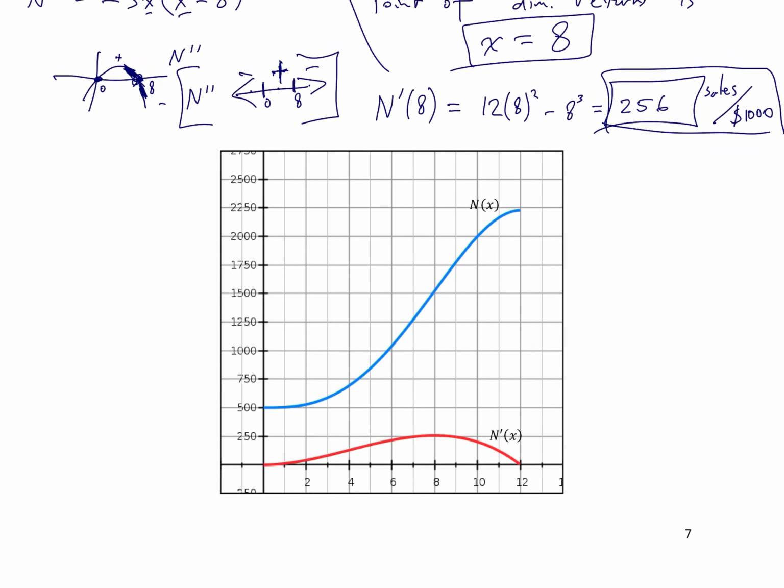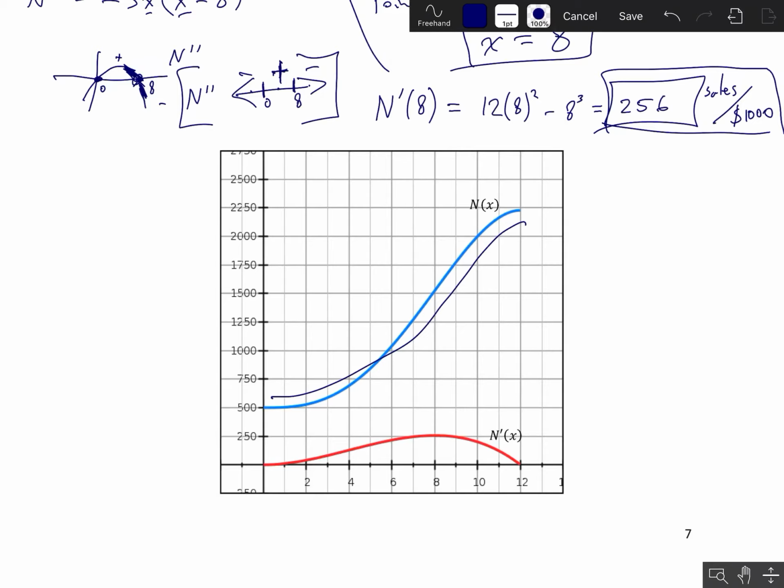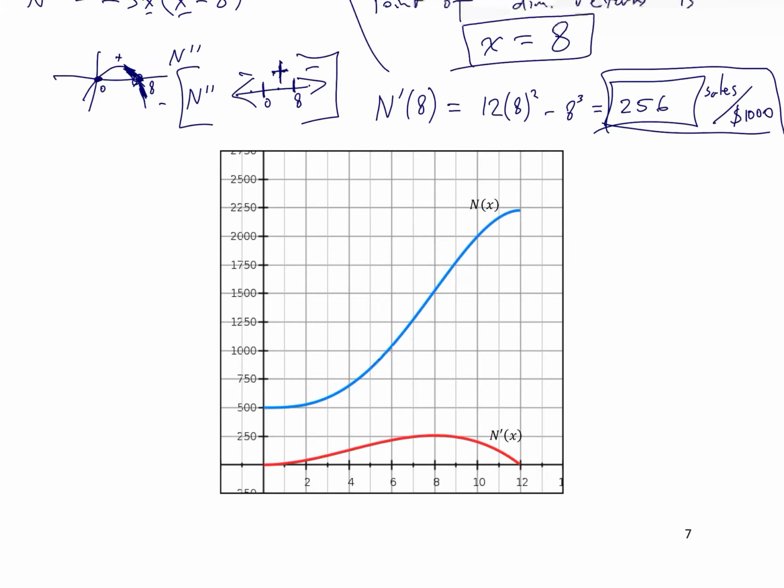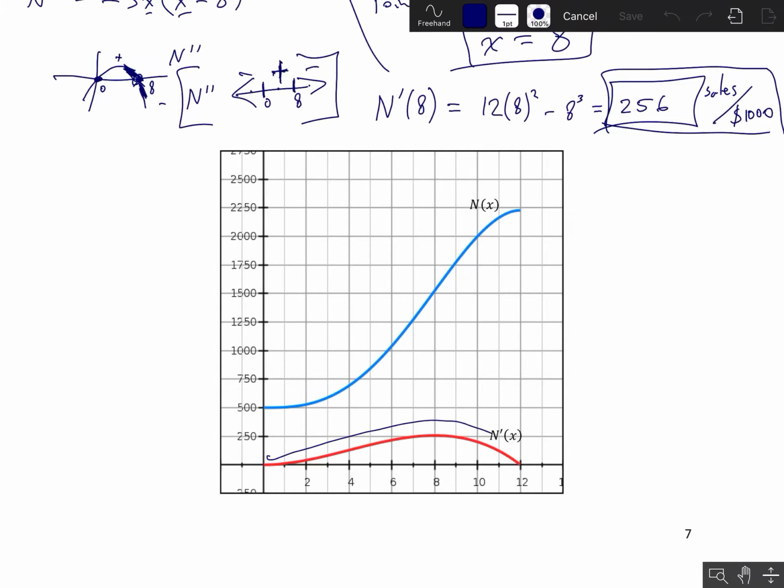And you can see that from the graph down here at the bottom. So remember, n is supposed to represent the total sales. N does continue to rise as we go. So it makes sense that as you spend more and more advertising money, your sales do continue to rise. But notice that if you were just concerned with the number of sales per advertising dollar, we do hit a point of diminishing returns here at about 8.